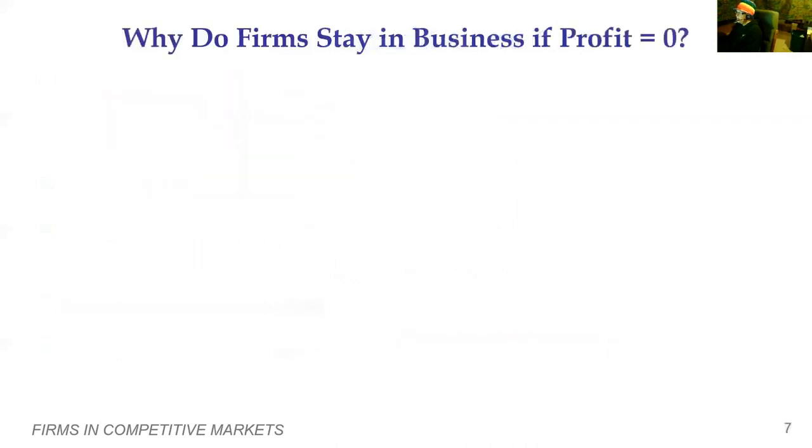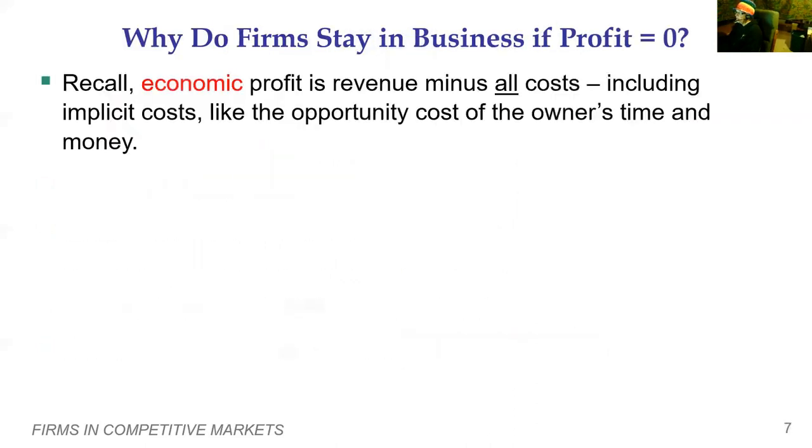Okay, so why do some firms stay in business? And again, remember, it's because of opportunity cost. I talk about my business a lot, and by doing all of the labor myself, because of the opportunity cost of that, I can actually operate in a zero economic profit status.